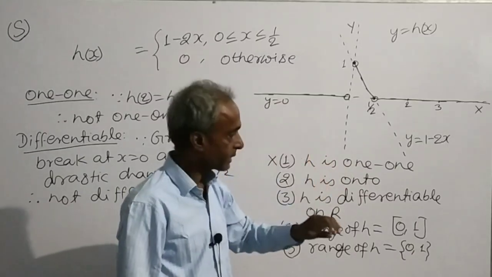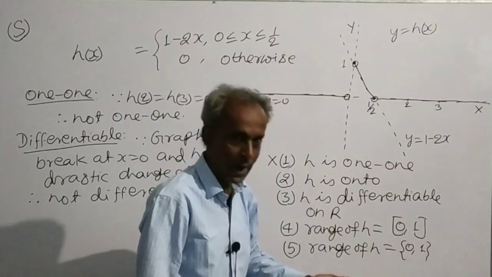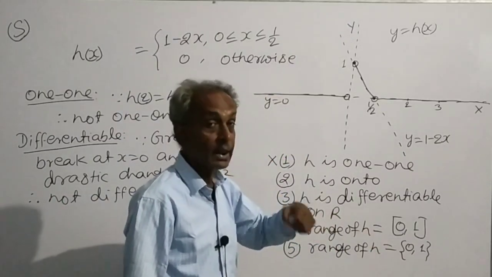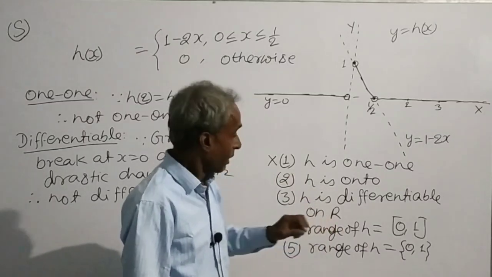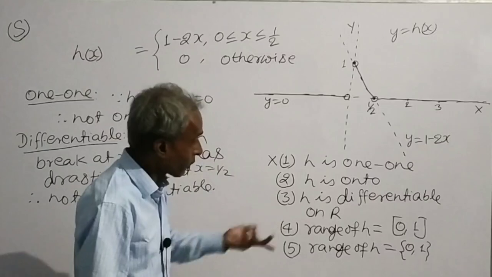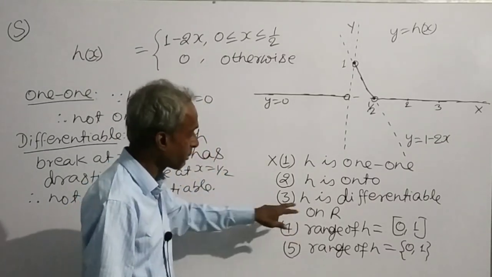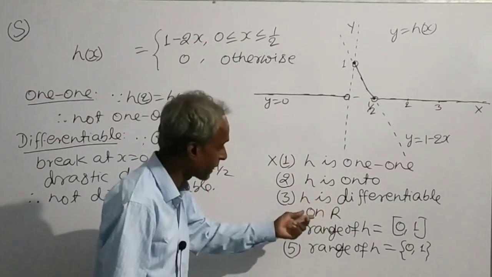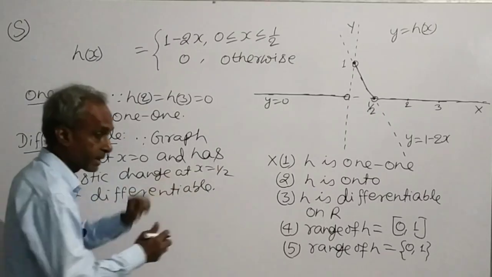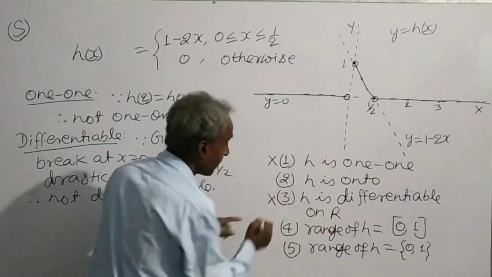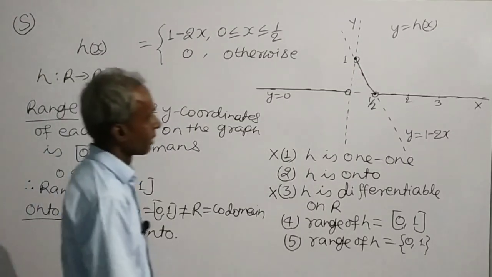When a function is not differentiable at any one point in R, then we say that this function is not differentiable at all points in R. That means H is not differentiable on R. Therefore, this entry S cannot be matched with this entry 3.